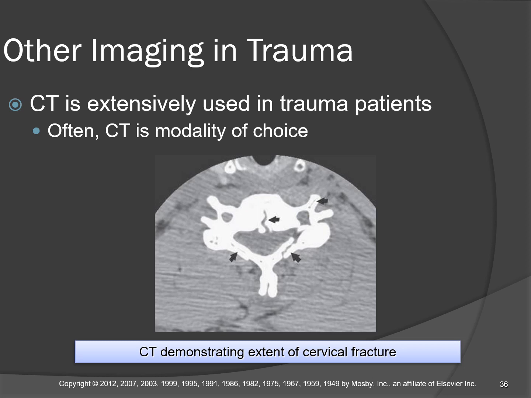CT is the gold standard for trauma radiography of the neck, the chest, the head, basically everything. We couldn't do as much with trauma radiography if we didn't have the CT scanner. So it is a vital tool, probably even better than plain films in some scenarios.